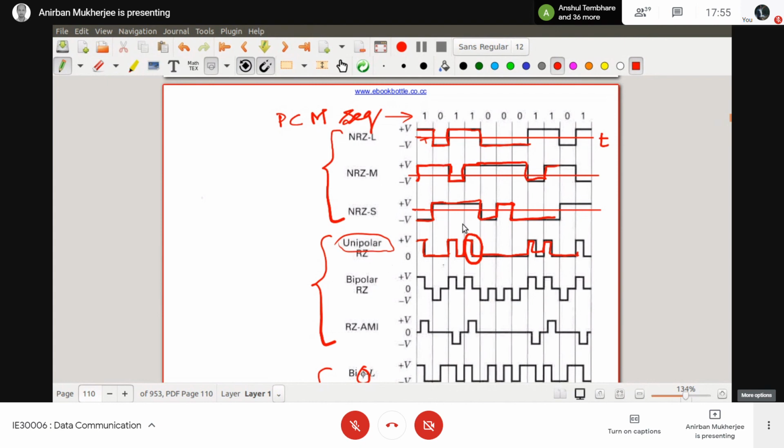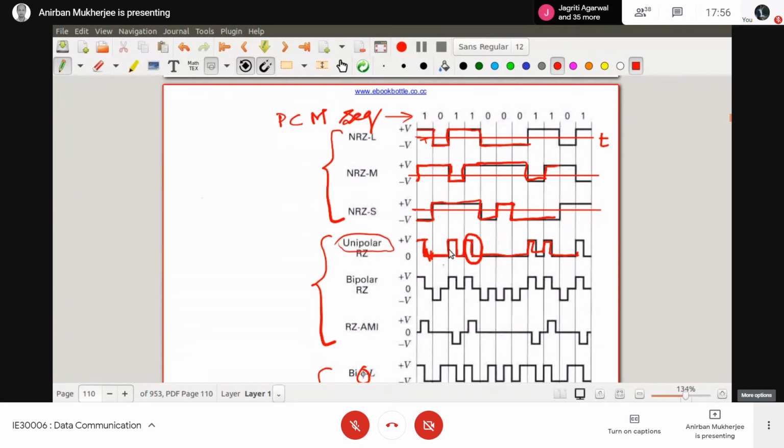And bipolar RZ, if there is a 1, I have a transition. Also try to understand that return to 0 means I will always return to 0 at the end. That means from here for 1, I will return to 0 somewhere here. Again 0 means I will stay at that 0.